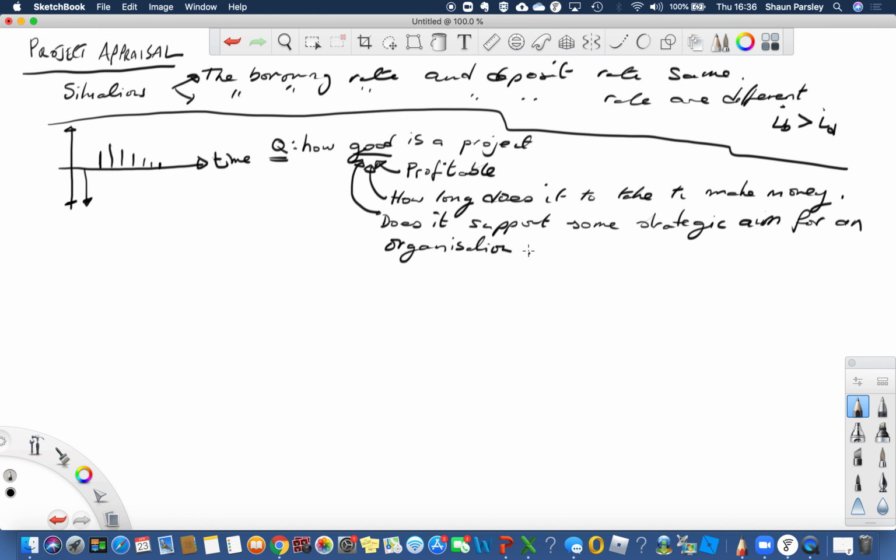But also it might mean then it's easier to build as well. So there might be a strategic aim to only build products, policies that don't represent a large investment of resource to do that.